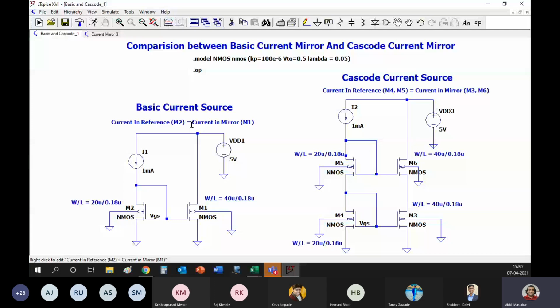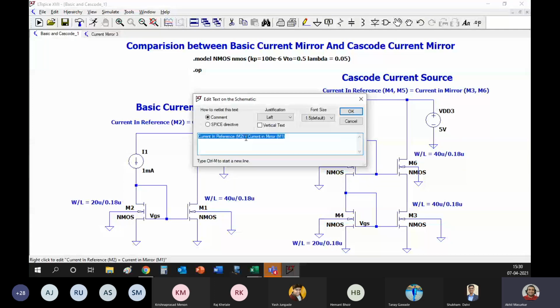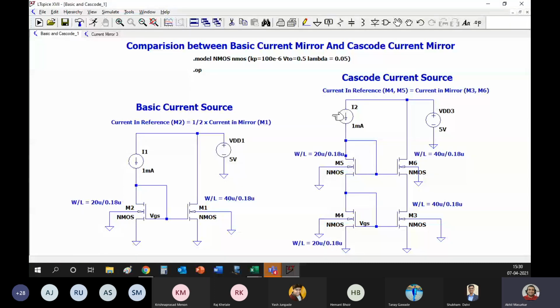Current in reference is half of current in mirror. So this is the second circuit.